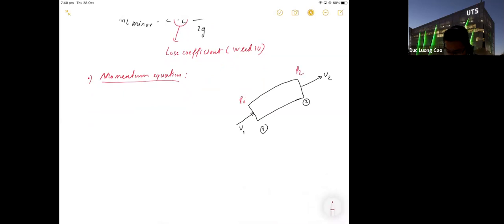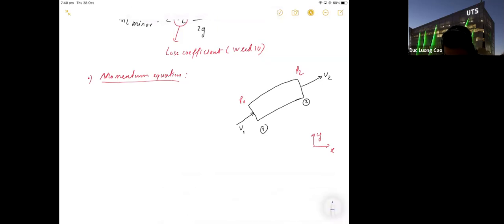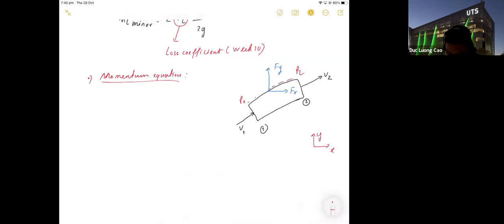For example, this one is the X direction, this one is the Y direction. For example, we have the forces Fx and Fy applied to this control volume here. So how to write the momentum equation for this one?